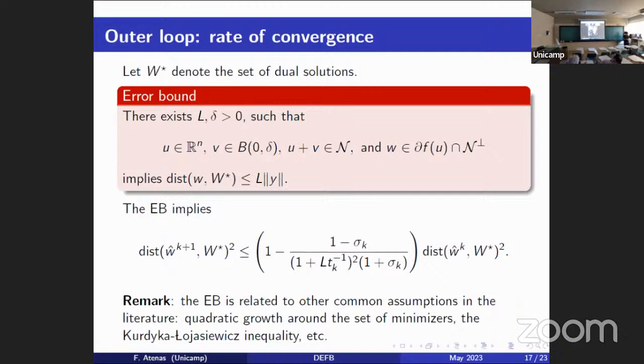So since you have something closer to a proximal sequence, it should be faster in the way you're saying. It's a better step overall.